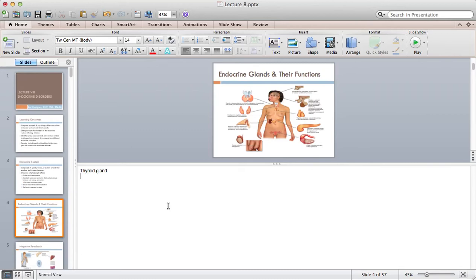Okay, so the anterior gland will produce which hormone? Growth hormone, and also the thyroid stimulating hormone.